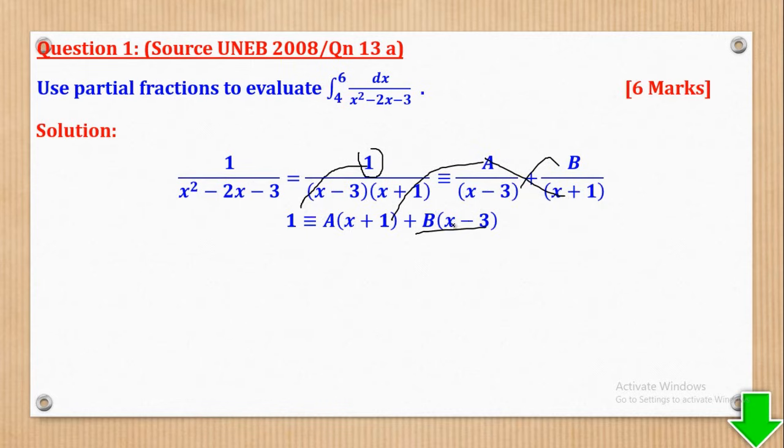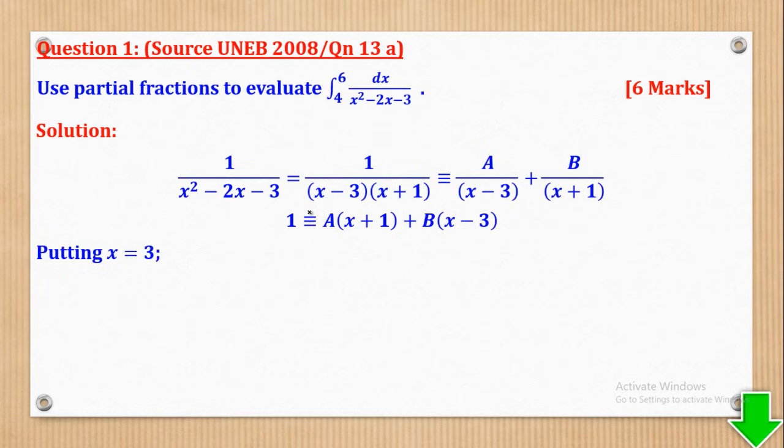If you want, you can go through the step of first getting the LCM and combining these two fractions into one fraction, but there's no mark for that. Our interest is the numerators. Also realize that I'm putting an equivalent sign here. So now we shall go to the steps of getting the constants.